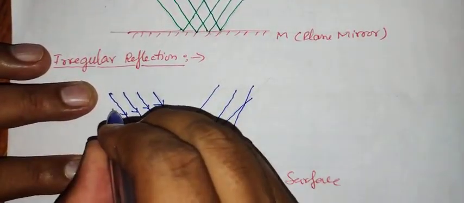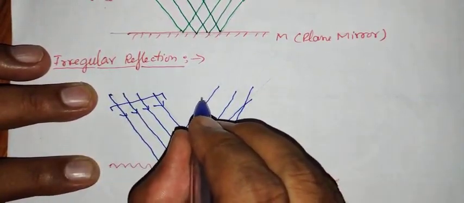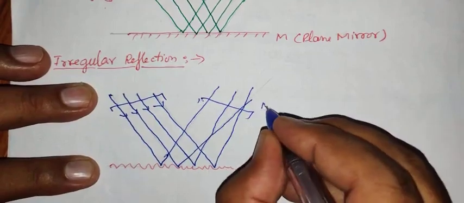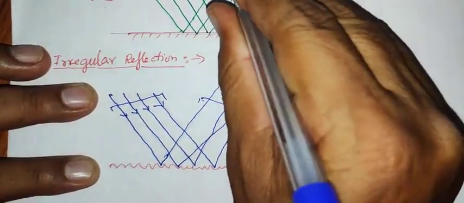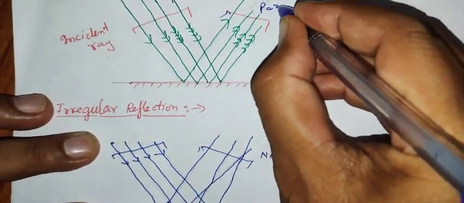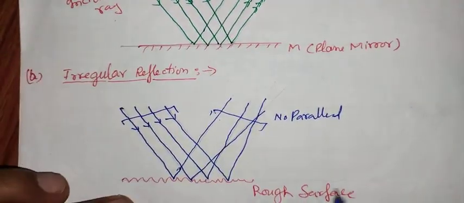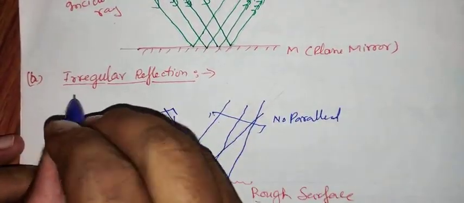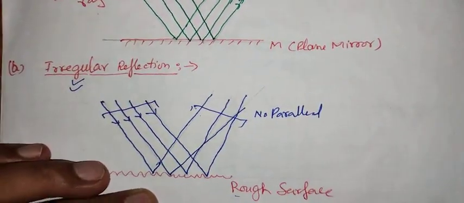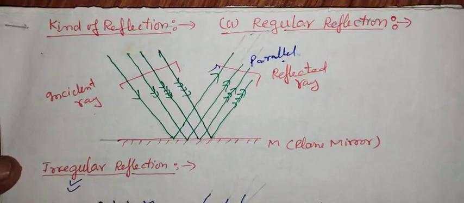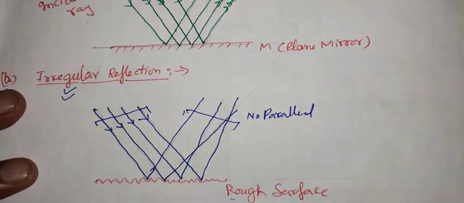When light strikes a rough surface like this, it is called irregular reflection. So this is about regular reflection and irregular reflection.